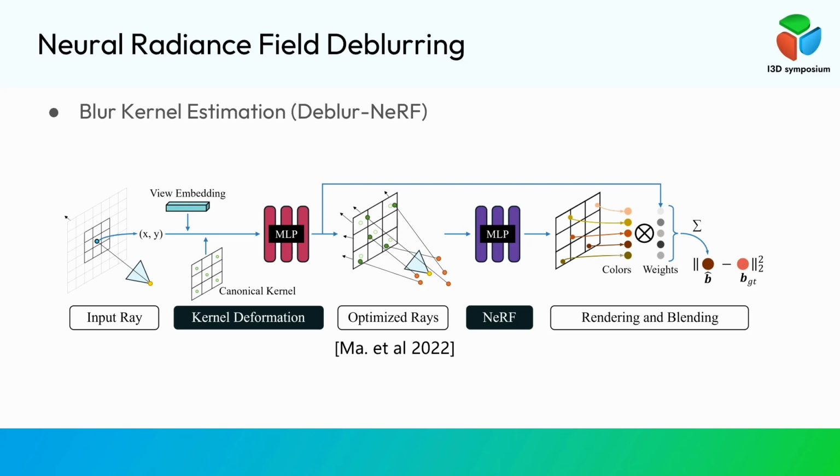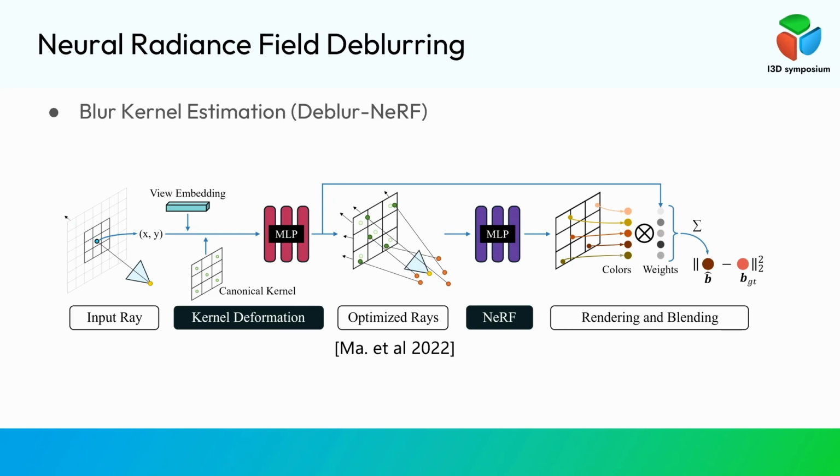However, the blur kernel relies on the training of a deep neural network without geometry and appearance consistency in the 3D scene representation. As you can see from the pipeline here, there is no geometry or appearance consistency considered, just the size of the kernel and the shift of the kernel centers.